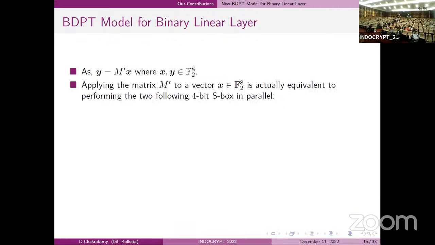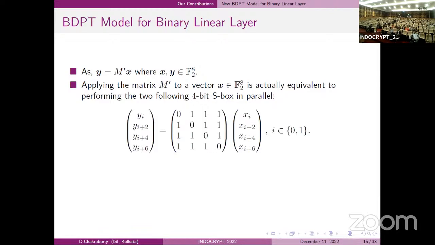Applying this matrix M dash to a vector X is equivalent to performing 4-bit S-boxes of algebraic degree 1 in parallel. I am dividing this whole 8-bit segment into two parts, which is the parallel application of two 4-bit S-boxes of algebraic degree 1.